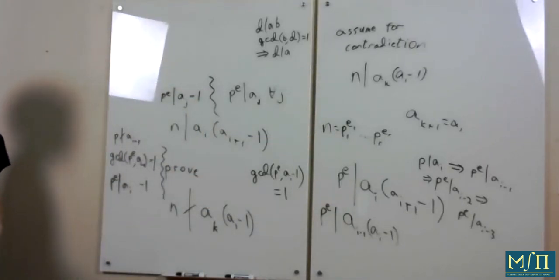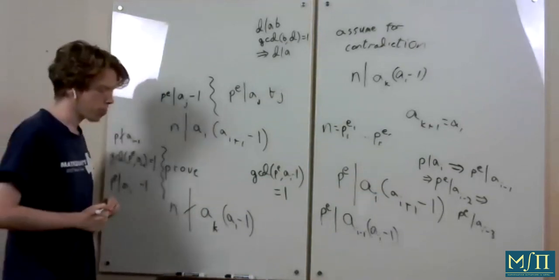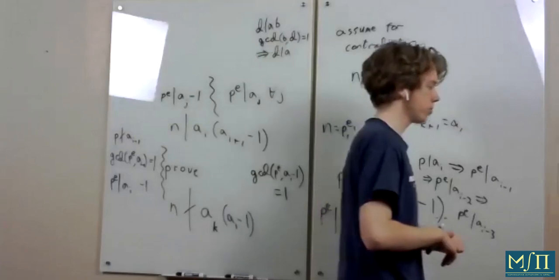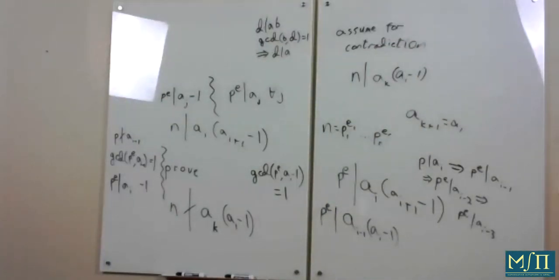But that's kind of a problem. Why? Well, basically, there's this result that I didn't talk about yesterday, but that can be useful to think about, and it's known as the Chinese remainder theorem.